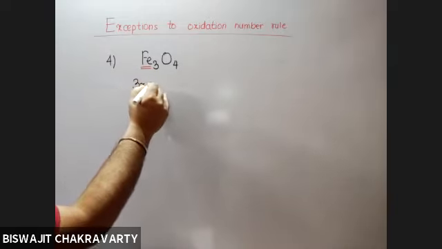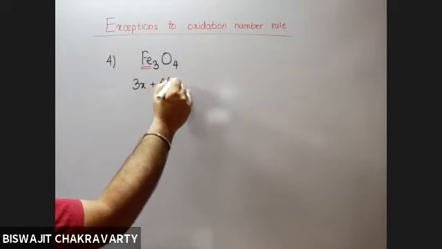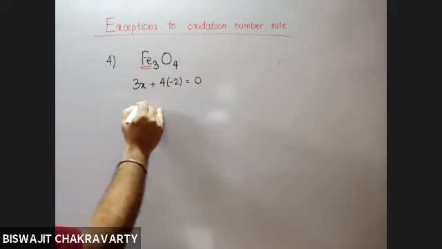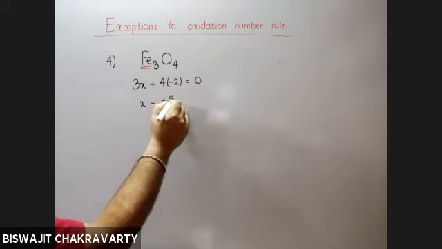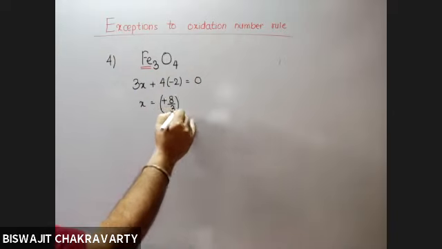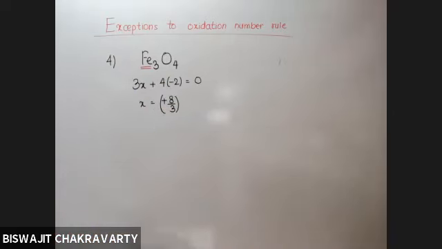Let iron be x. All oxygens are -2. Is it not plus 8 by 3? Yes or no? Yes, sir. Okay.